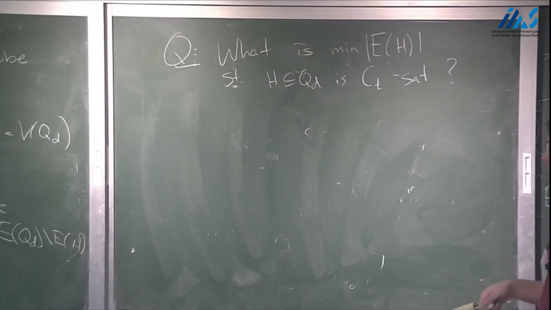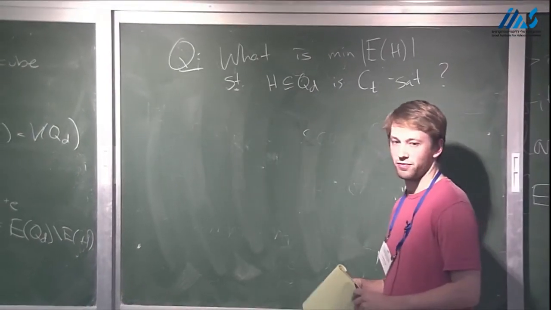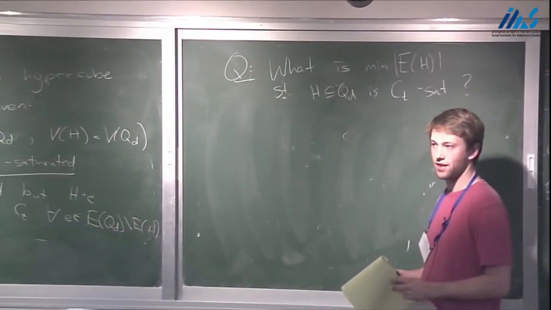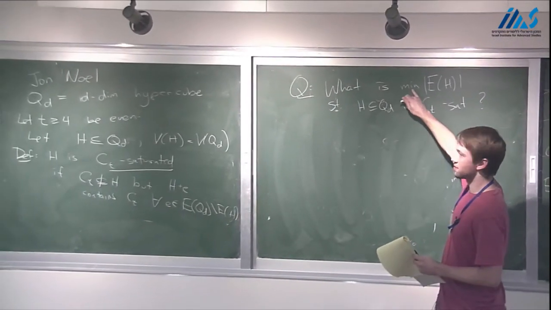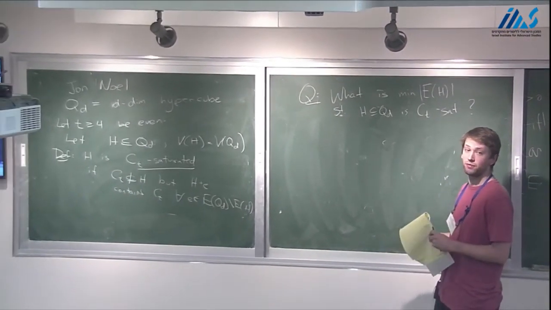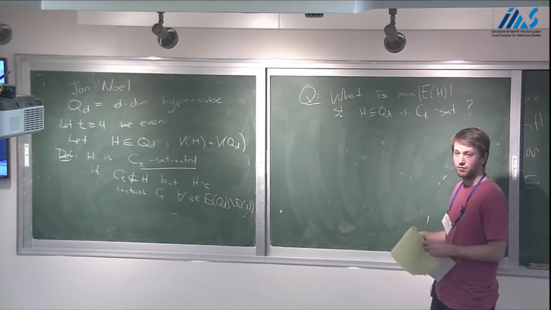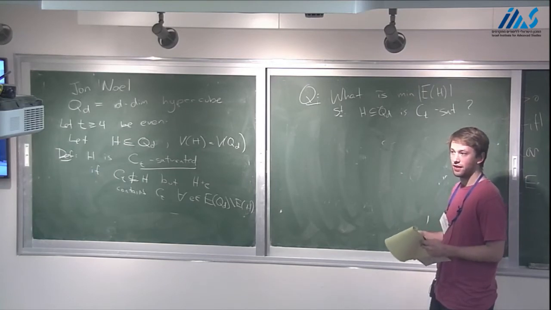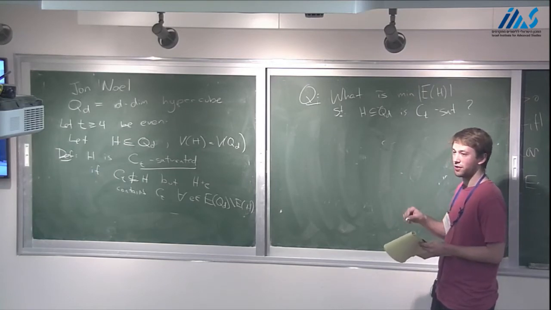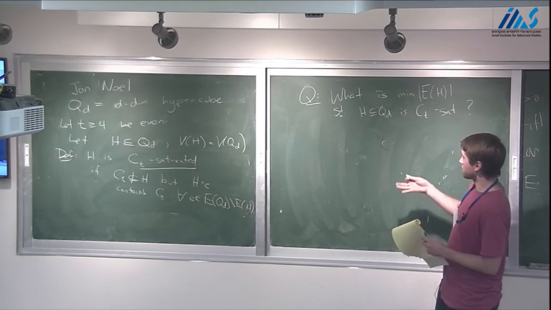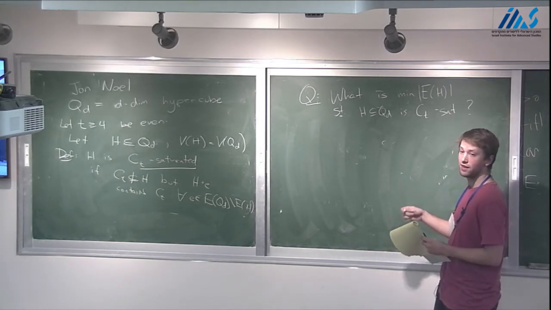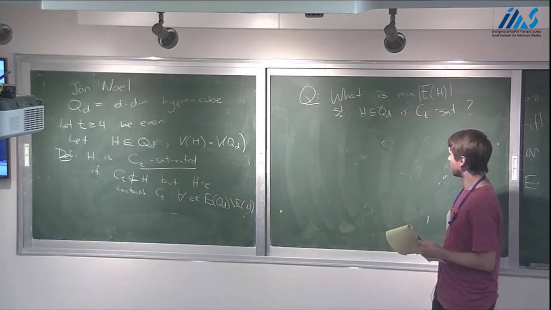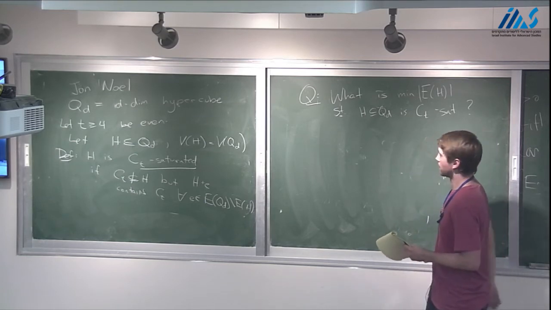If you could, you'd also want to know what the tight examples are, things like that. Of course, if I change this minimum to a maximum, then what I get is a Turan problem for even cycles in the hypercube. But this is kind of a dual problem to that, where you're minimizing instead of maximizing.